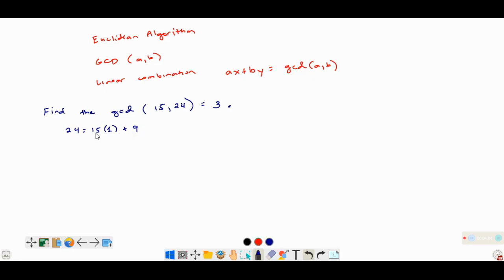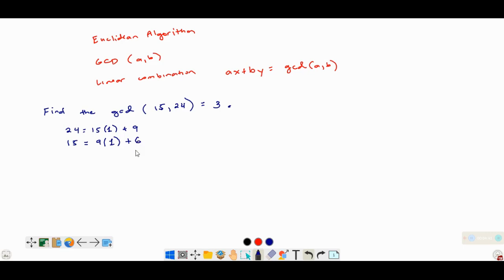After that, take the number here, our first term, 15, our smaller number from the original pair, and then get the remainder from the previous line, and then divide them. 15 divided by 9 is equal to 1. So write their quotient here and then the remainder. Again, it is the smaller number multiplied by the quotient plus the remainder.